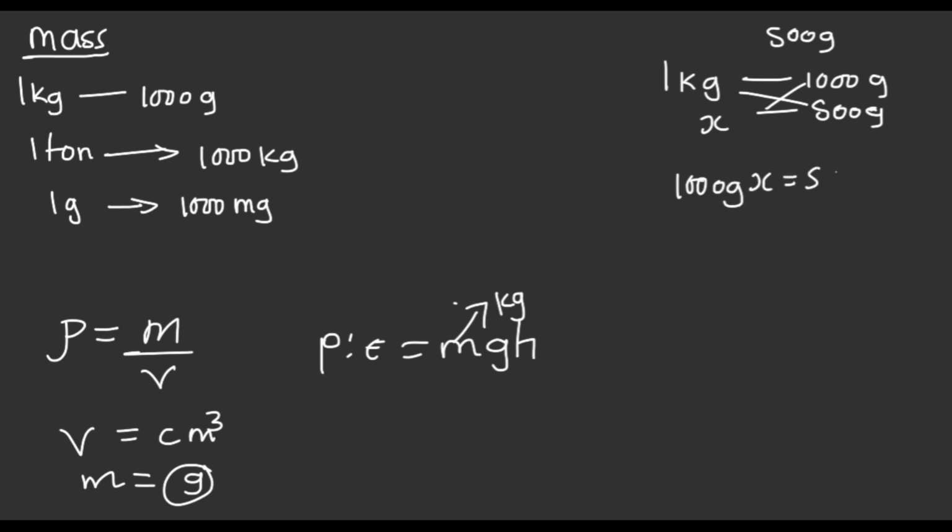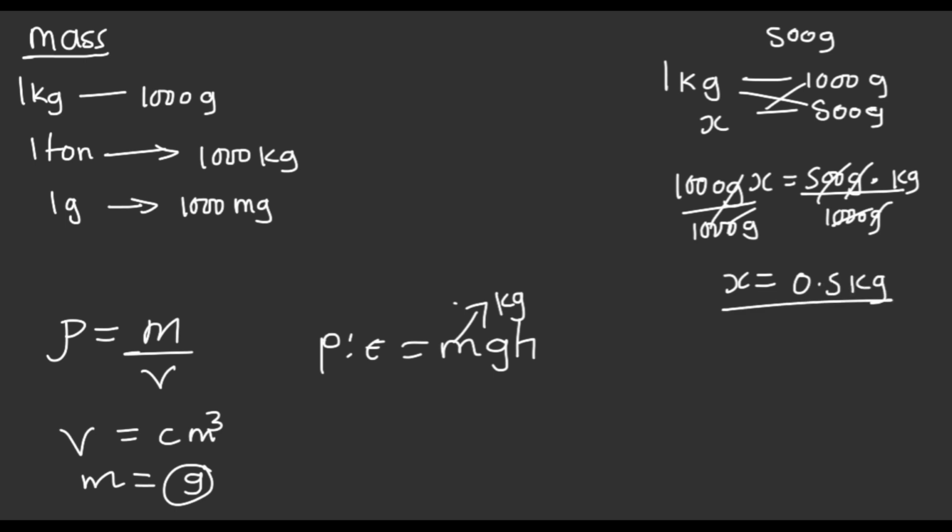X is equal to 500 grams multiplied by kilograms. Divide by 1,000 grams. Also here by 1,000 grams. Then x is equal to, we cancel this. So we know that 500 divided by 1,000 is 0.5 kilograms. So this is just the showing of workings.